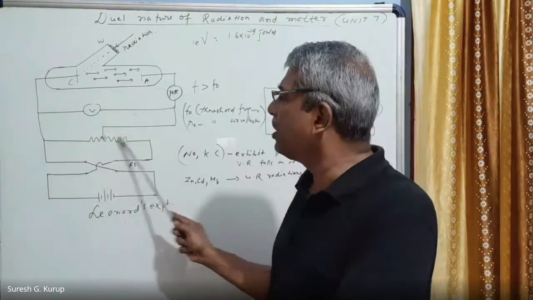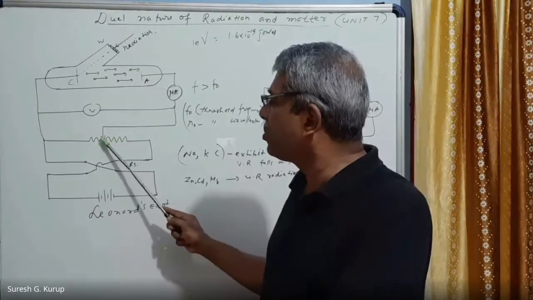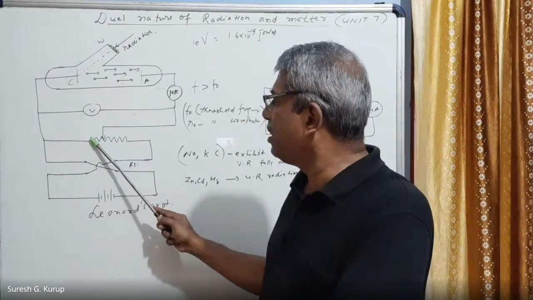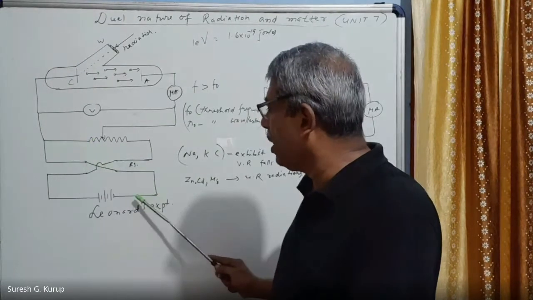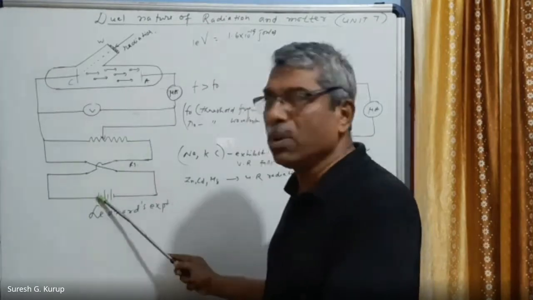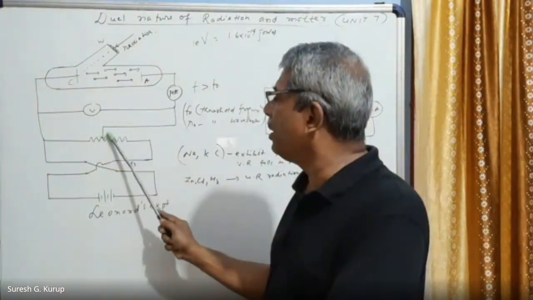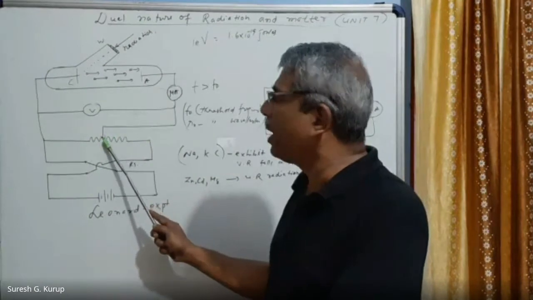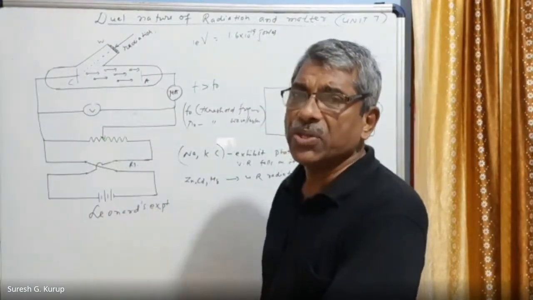This is a moving part. When this moving part is taken to this point, this becomes more negative. When it is towards this part, this becomes more positive. So this sliding part, this moving part, is what is called a rheostat as a potential divider.